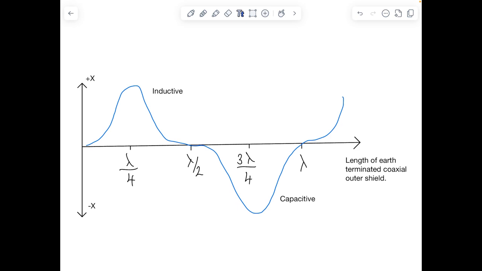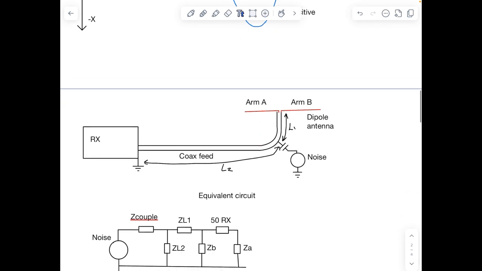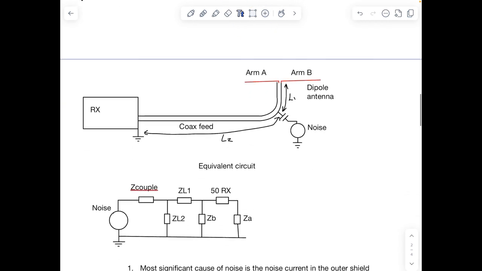So I really want to discuss four mechanisms of how noise ends up within your receiver and causes problems when the coax runs close to some noise source within your house or shack or whatever. A typical situation is something like this. We have a receiver, coax feed, and assume it's connected to a dipole.